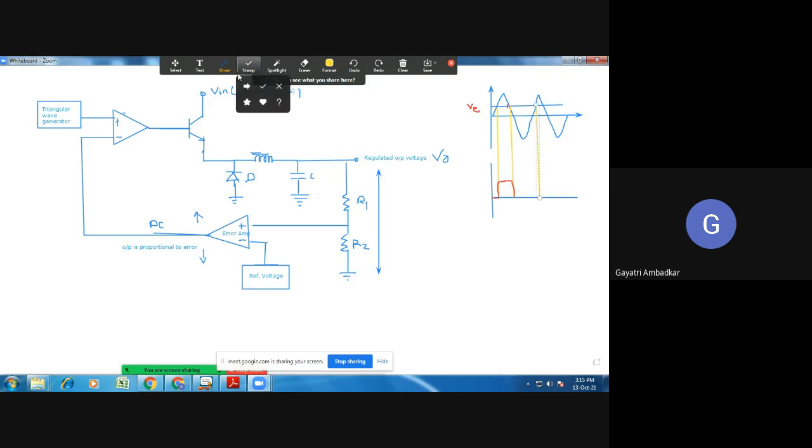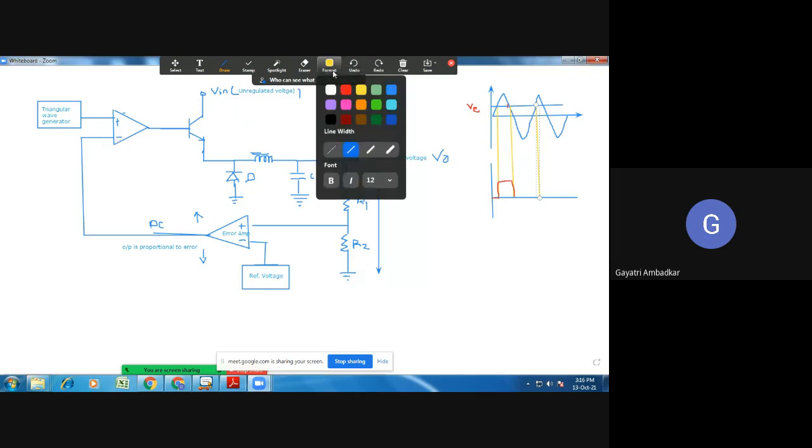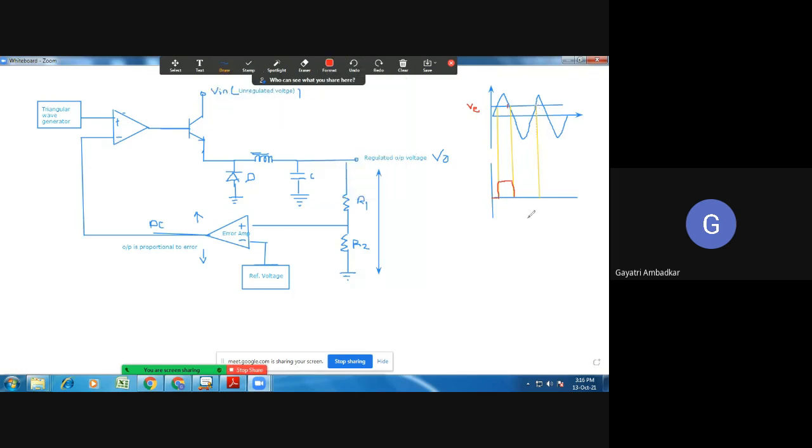So up to here, your DC voltage is higher, which is connected to the minus V side, and therefore your output will remain low. Again, here it will become high.